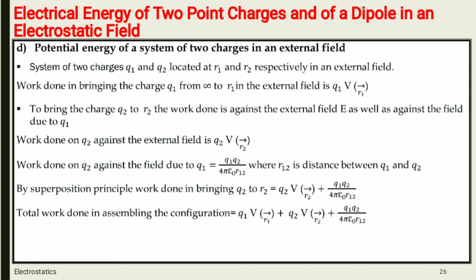Now, work done on Q2 against the external field is Q2 into V(R2), and work done on Q2 against the field of Q1 will be Q1 Q2 divided by 4 pi epsilon naught R12, which we have found out before.